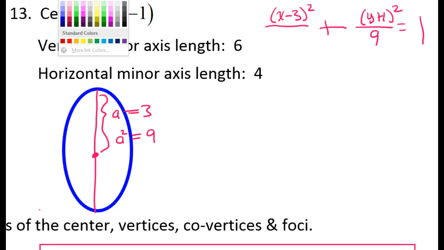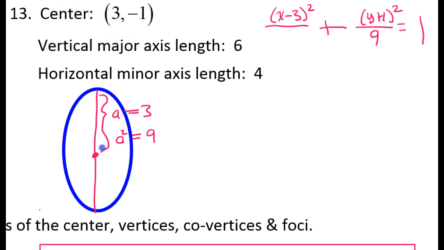They told us that there is a horizontal minor axis, length 4. So this entire green line from one side to the other has a length of 4, which means that the b value, which only goes from the center to a covertex, is going to be 2, half of this. So b squared is equal to 4.